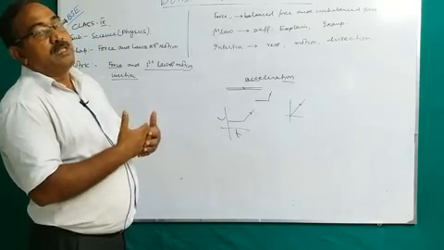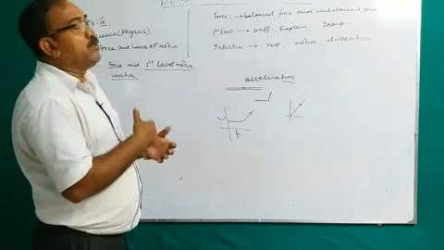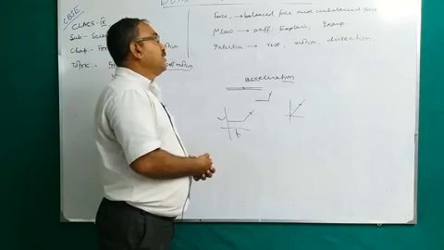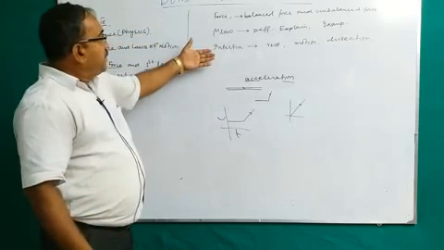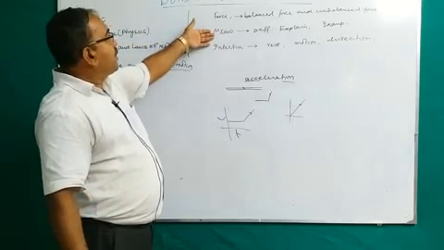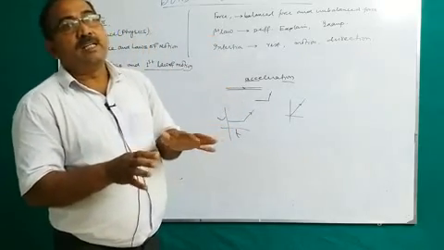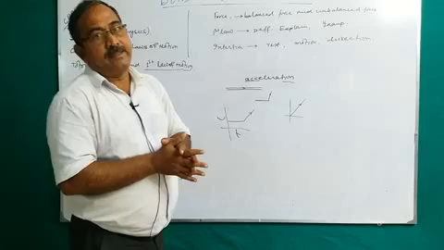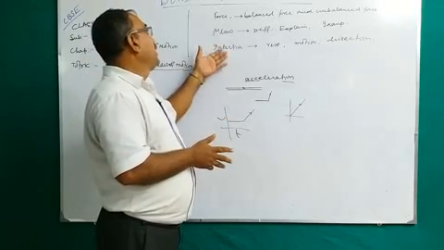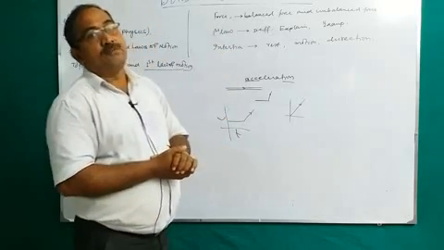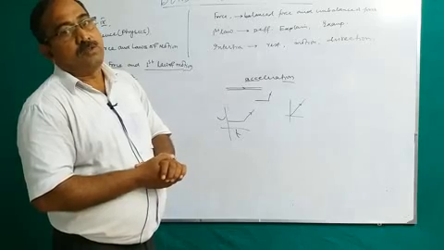Position means it will be at rest or in uniform motion. The definition of inertia and the first law are both correlated. So inertia is also called the first law of Newton's.